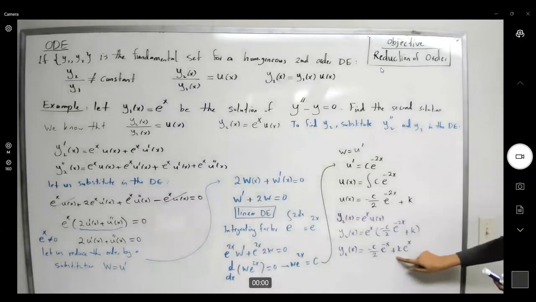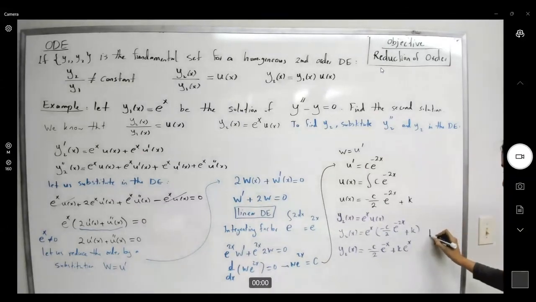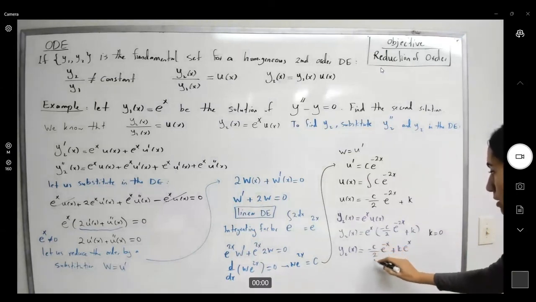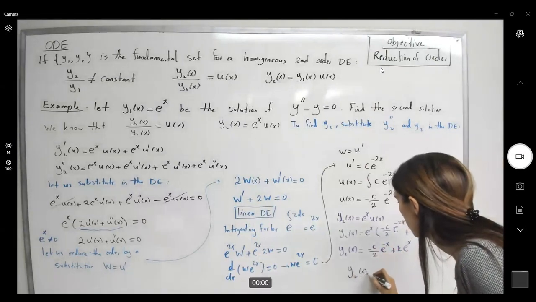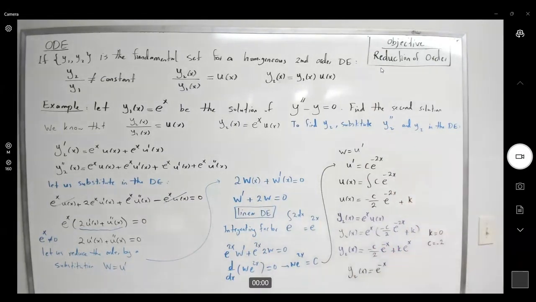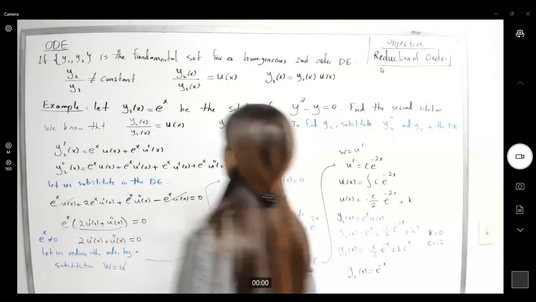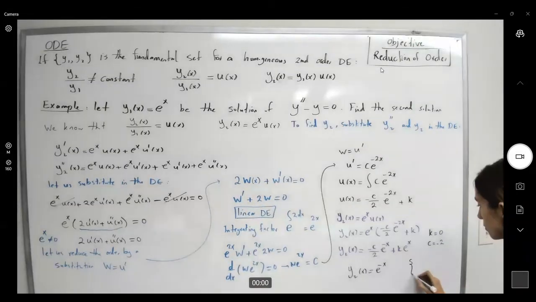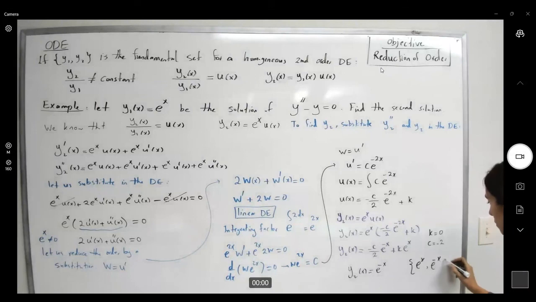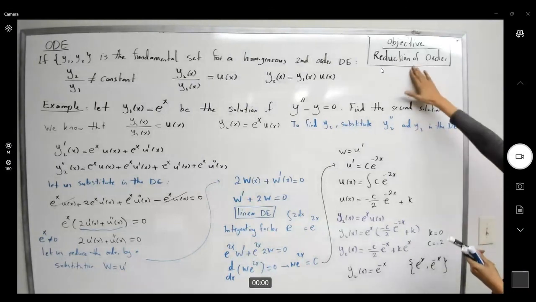So this is unnecessary. Set k equal to 0, and then here you can just get rid of this coefficient by setting c equal to negative 2. So y2 becomes e to minus x. Very well, the fundamental set that we have is e to the x and e to minus x. That is the method of reduction of order.